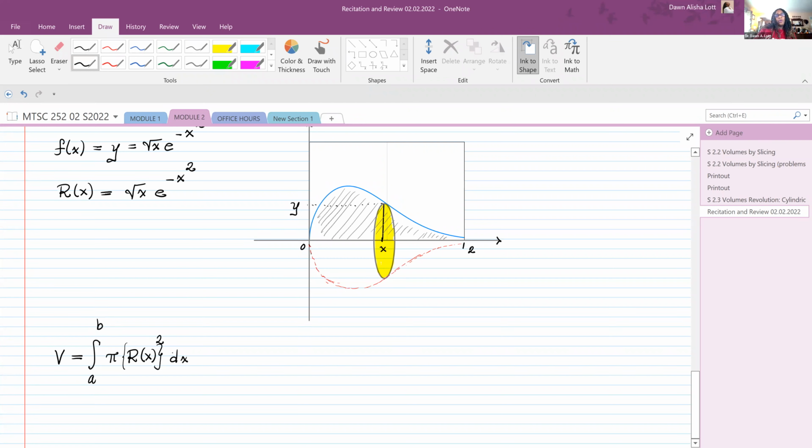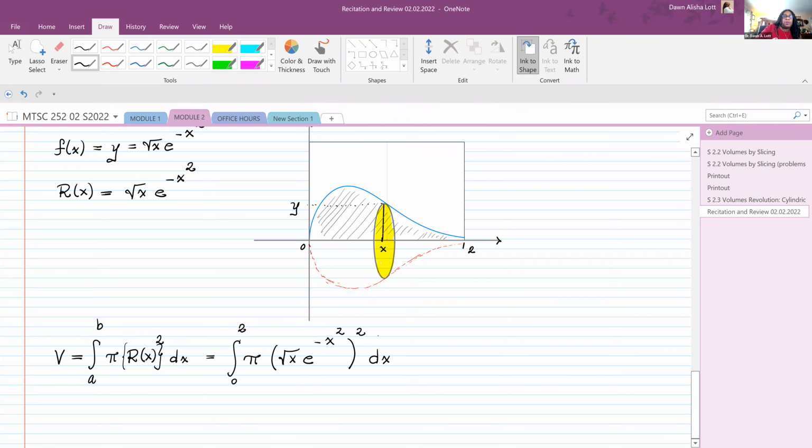Okay, so for this, the radius of that disk, that looks like the integral from 0 to 2 of pi times the square root of x e to the negative x squared, dx.